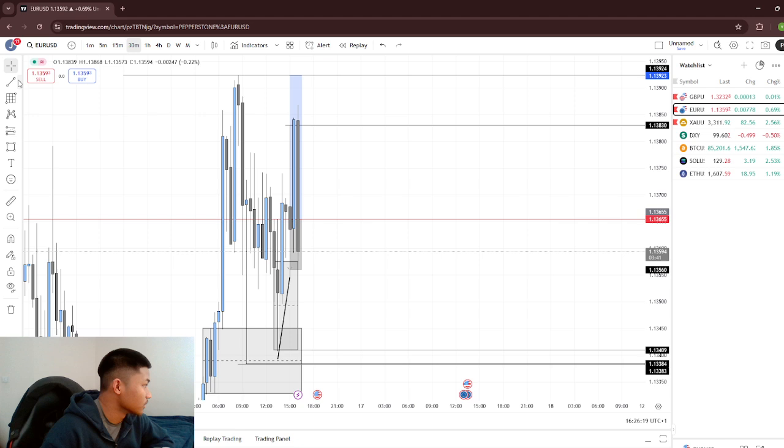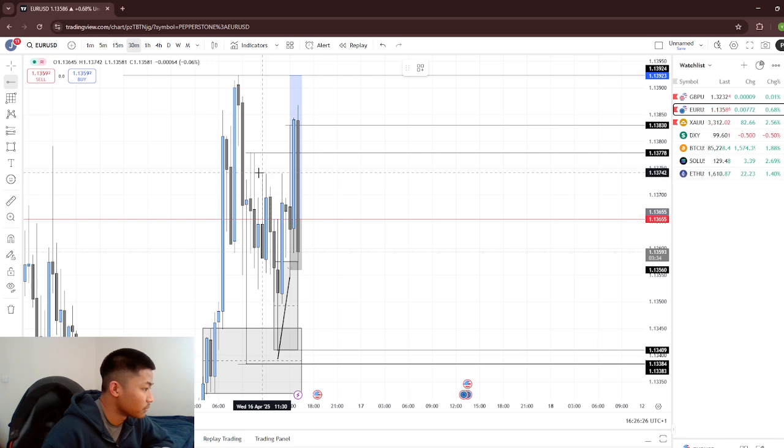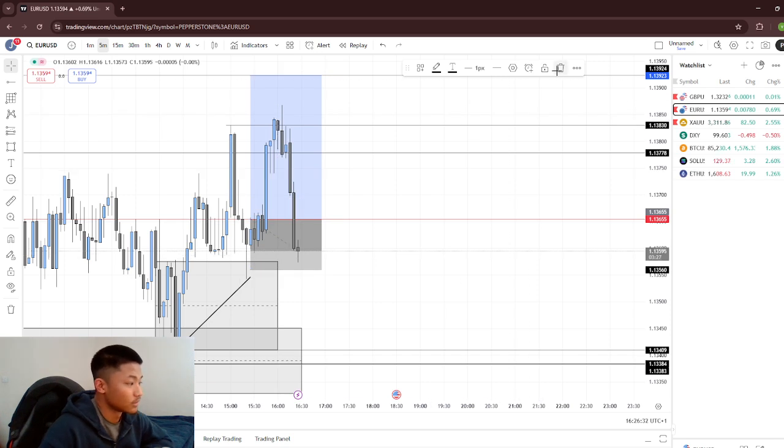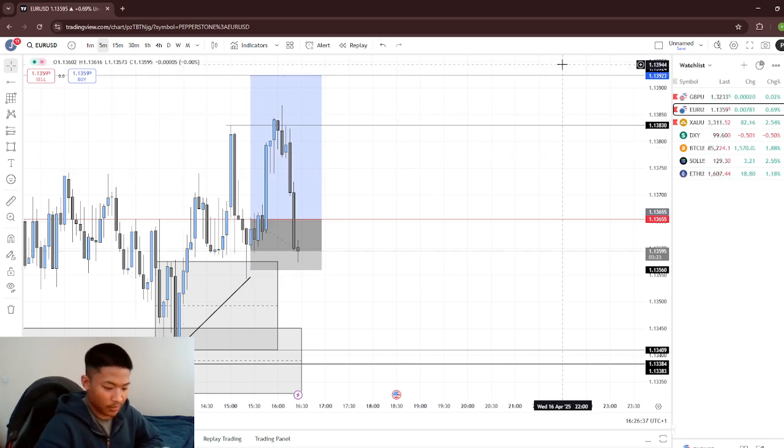I could have honestly humbled myself a little. Supposed to sweep this high or these equal highs, which it did sweep earlier. That I missed out on, which sucks. But hey, we don't get what we want to get.